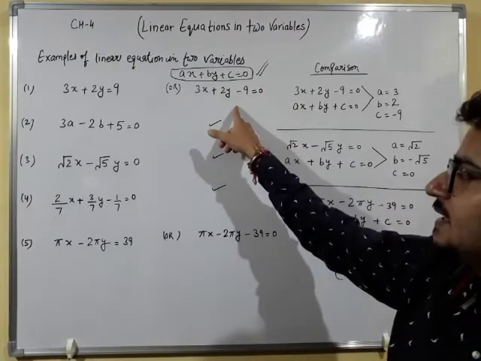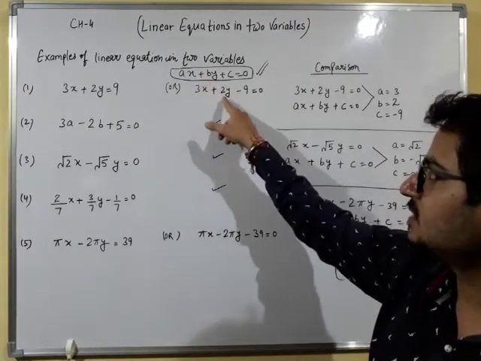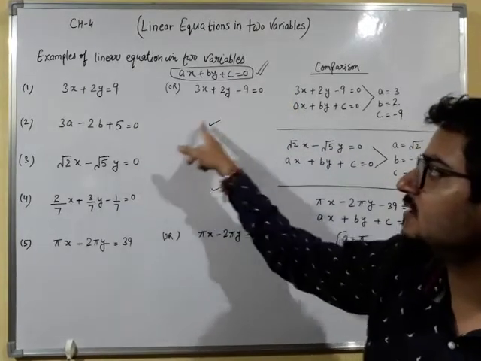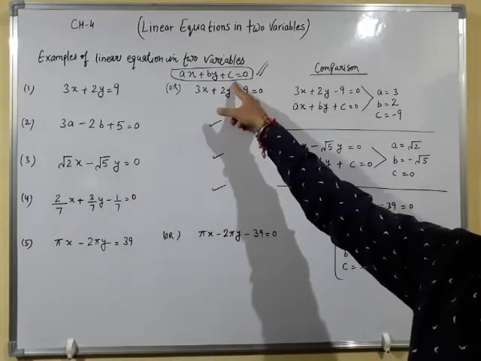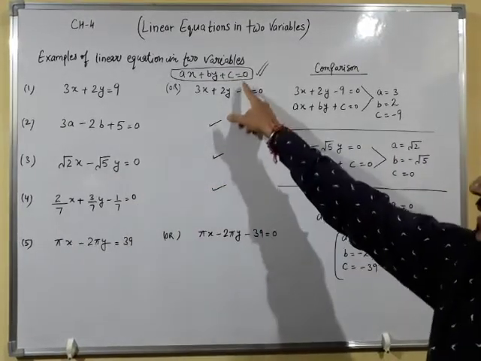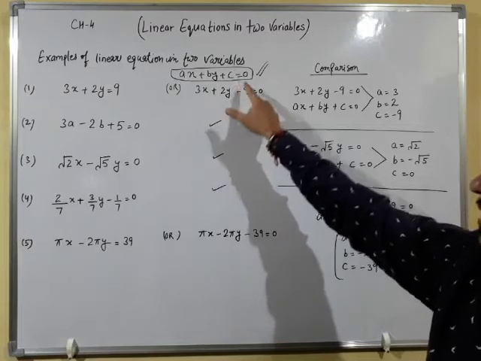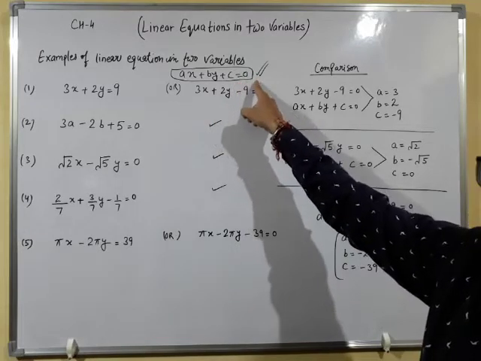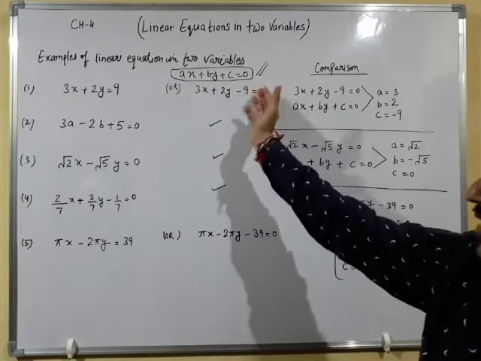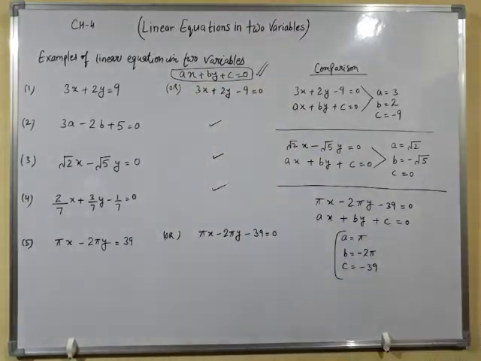Now it is in the standard form, ax plus by plus c is equal to 0. Equation number 2 is already written in standard form. Equation number 3 is also written in standard form, because according to standard form we have 0 on the right hand side and everything else we write on the left hand side of the equation.